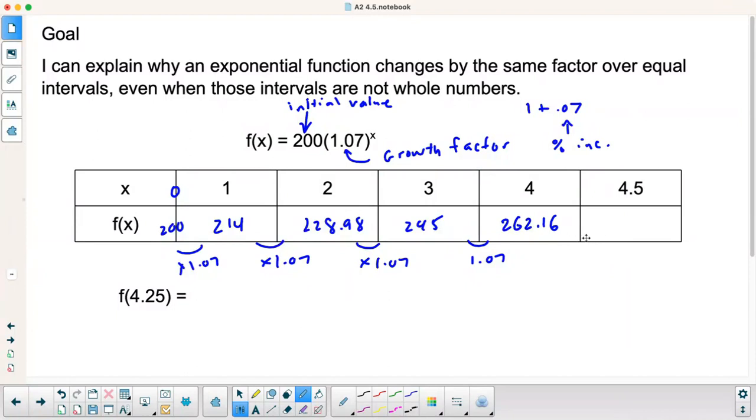And then when you get here, you're like, oh, shoot, I can't multiply by 1.07. A lot of people divide it by 2, but that's not right. What it actually ends up being is times 1.07 to the 1/2, since I'm only doing half an interval.